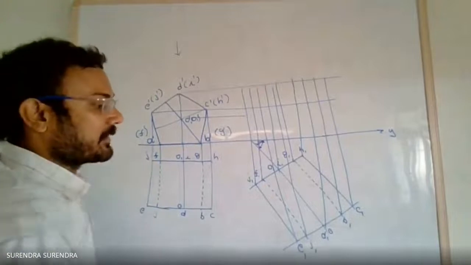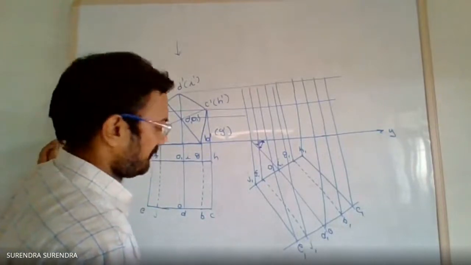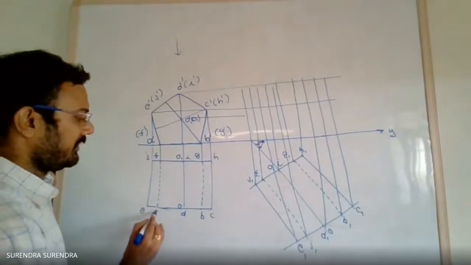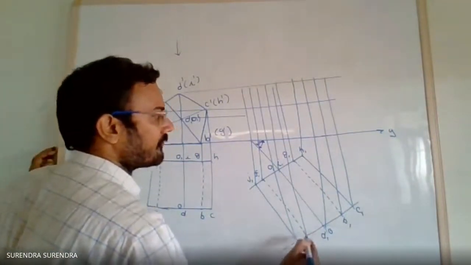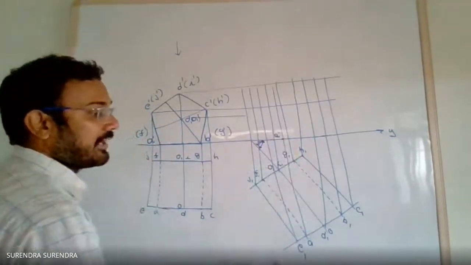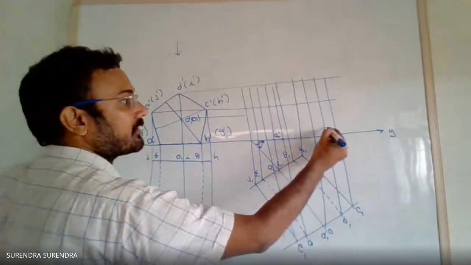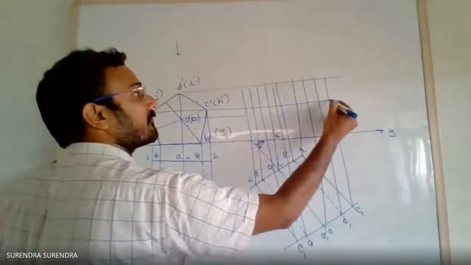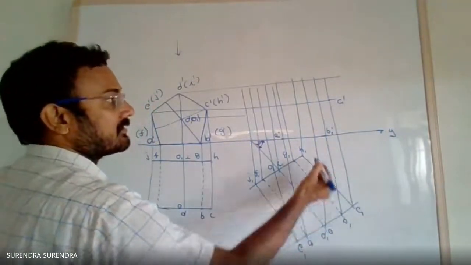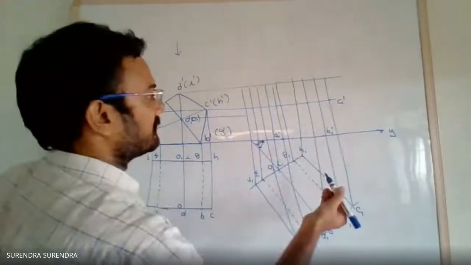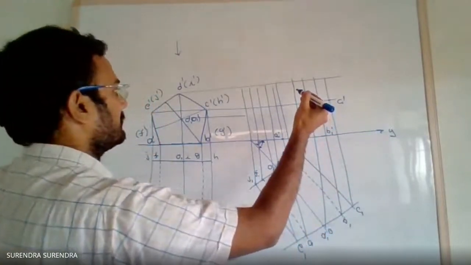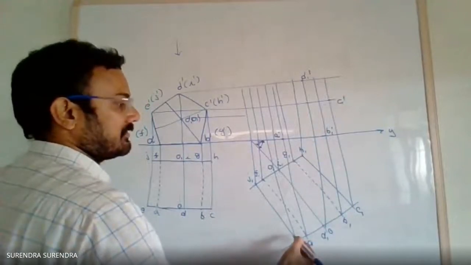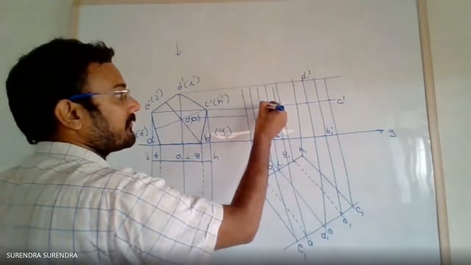Now identify the respective points. There is point A. This point A, A1 dash, B1 dash, C1 dash, D1 dash, and E1 dash.